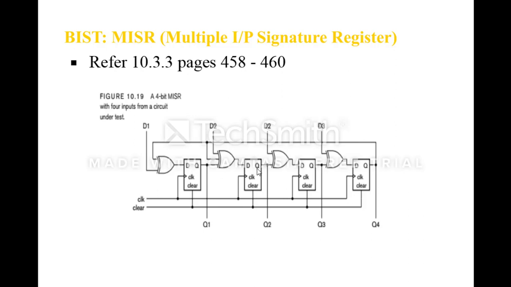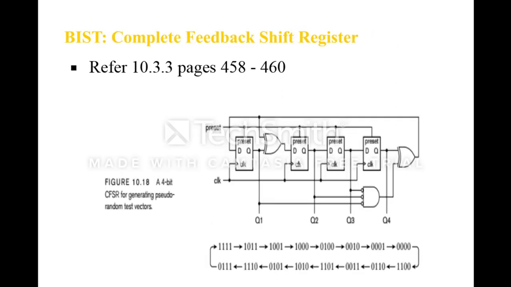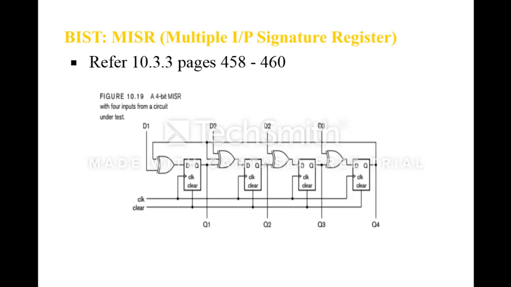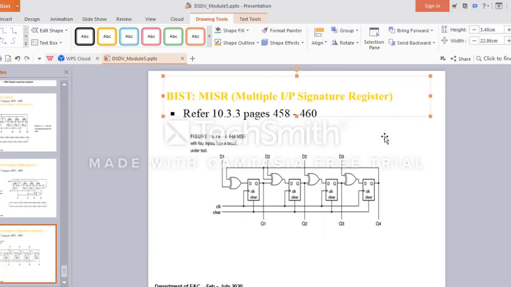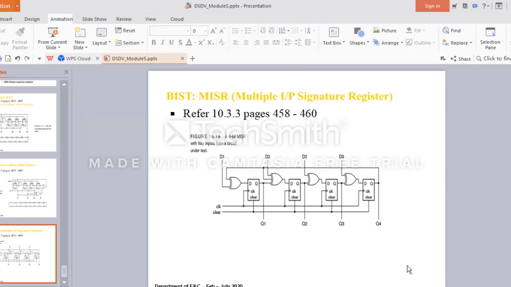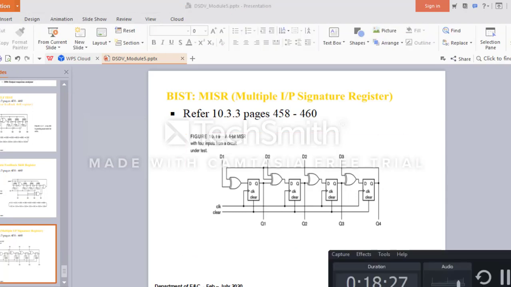This is the advantage of the multiple input signature register over the linear feedback shift register and the complete feedback shift register. So these are the different kinds of test pattern generators used for design for testing. Thank you.